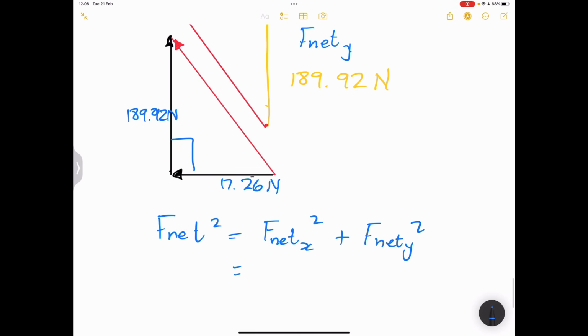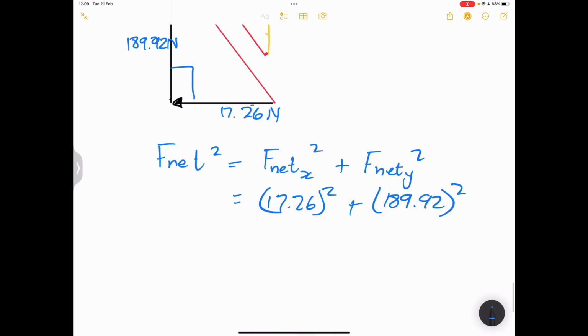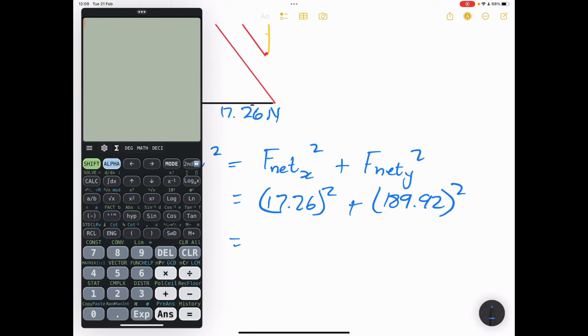So in the X dimension, we've got 17.26 squared plus 189.92 squared. And in this case, all we simply do is calculate. So 17.26 squared plus 189.92 squared, and that's the answer we get.